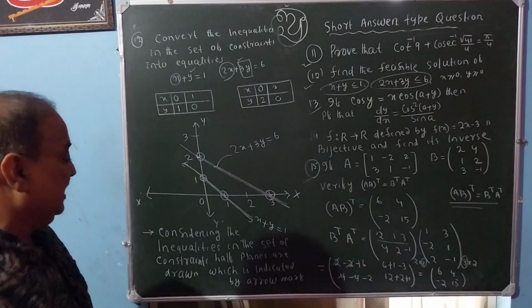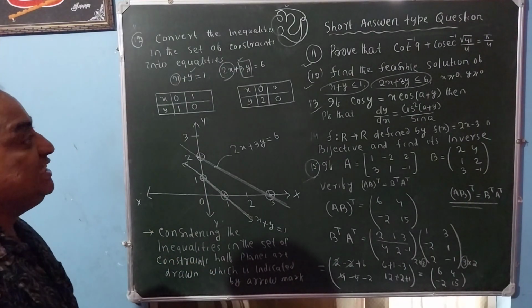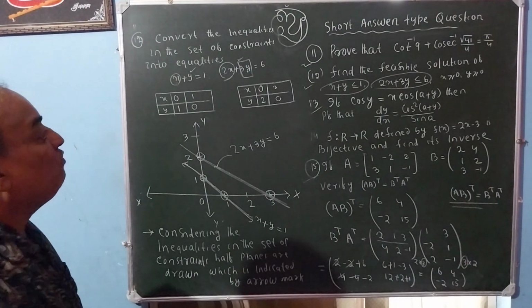Considering the inequalities in the set of constraints, half planes are drawn, which is indicated by arrow marks.